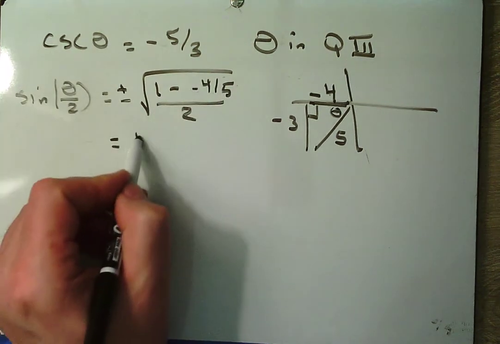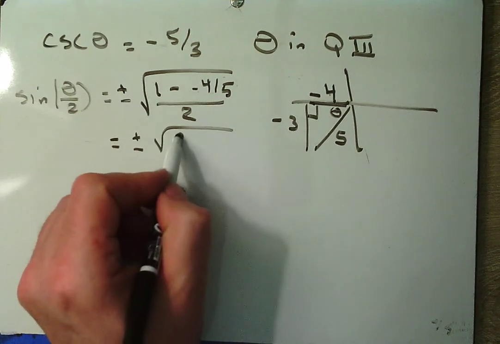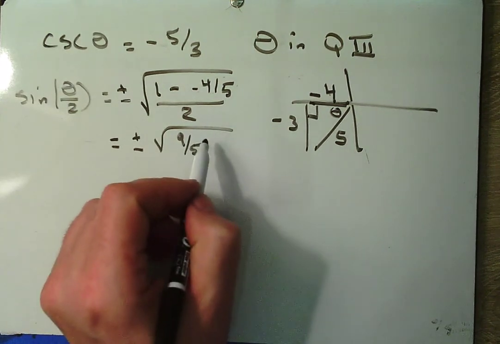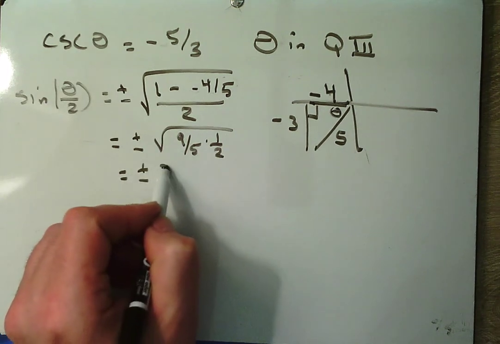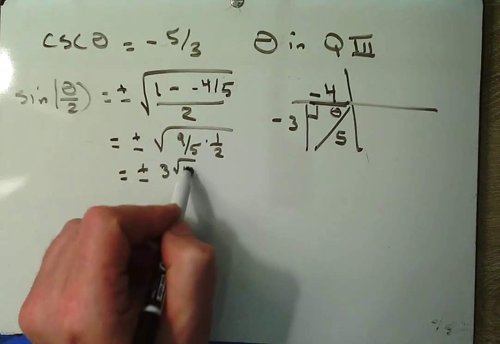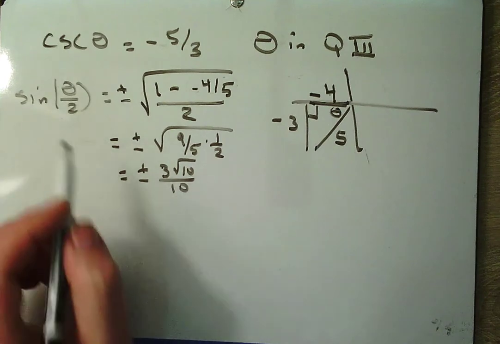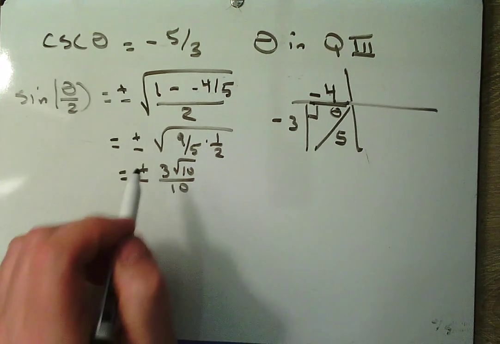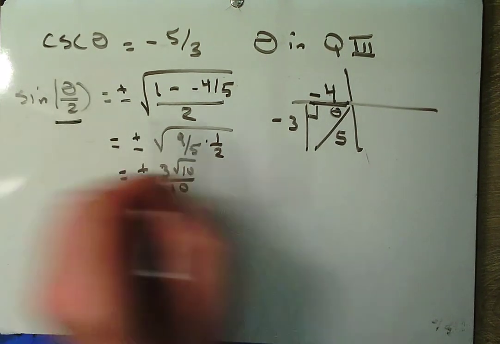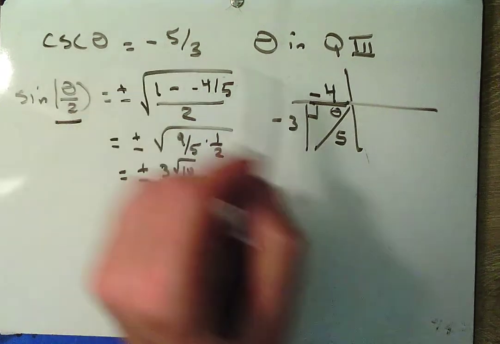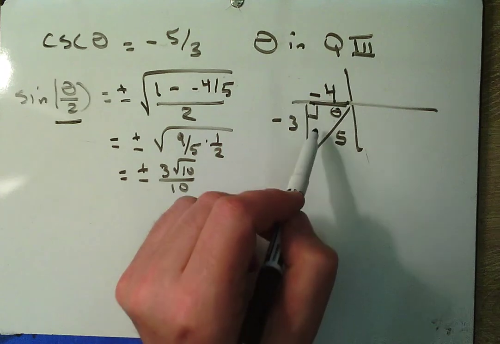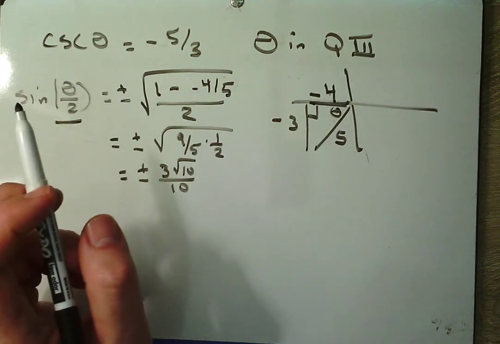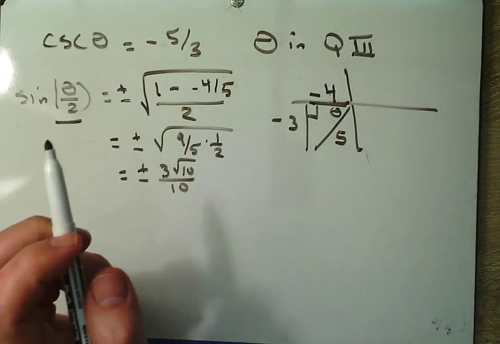So I end up with plus or minus square root of 9/5 times 1/2, or plus or minus 3 root 10 over 10. Now, is an angle half as big as this angle going to be in second quadrant or first quadrant, or even third quadrant?